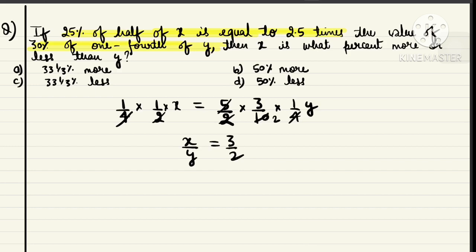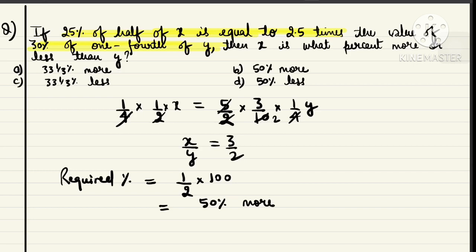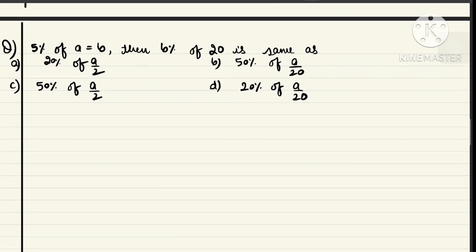Now we will find out the required percentage. x is 1 more than y, and we take y as 2. So what will we get? We will get 50%. So x is 50% more than y. So here B will be your answer, right? Okay, next question.